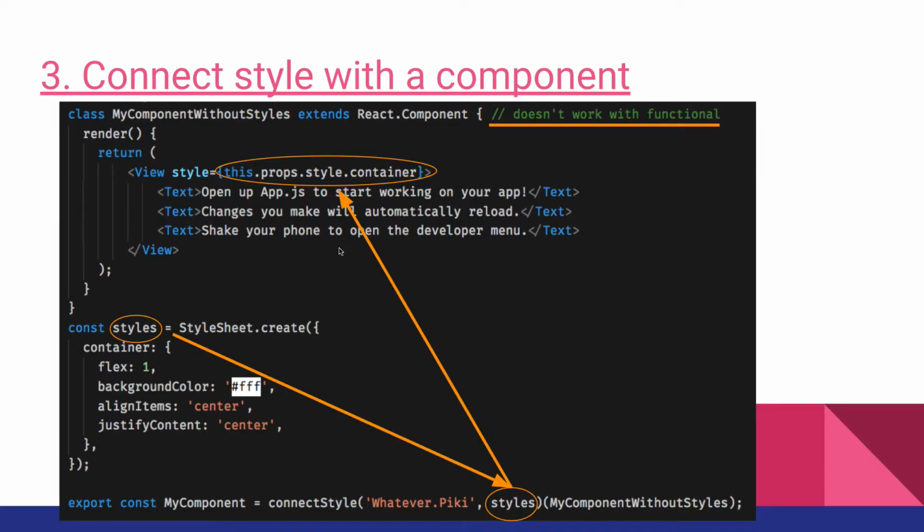Now the next step is to connect the style with the component. You see, in this code we have created this object, and we use this connectStyle function. This is for NativeBase. I will show you in the browser. You have no space in the slide, so it's imported from NativeBase, and this is saying, please connect this style to this component.